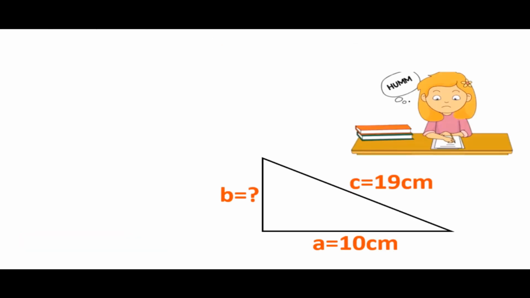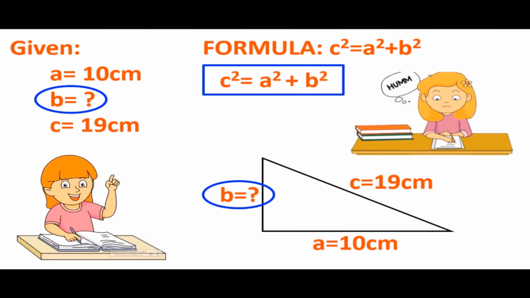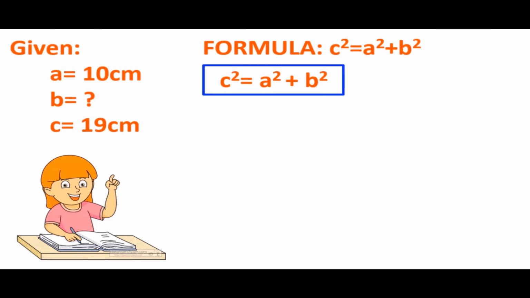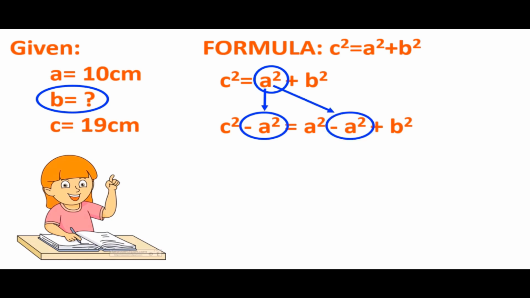Same goes if the value of B is missing. Using the formula, we can derive the formula to find the value of B. Look, C squared equals A squared plus B squared. We are looking for the value of B. We have to subtract A squared from both sides of the equation. Then it will be C squared minus A squared equals A squared minus A squared plus B squared.